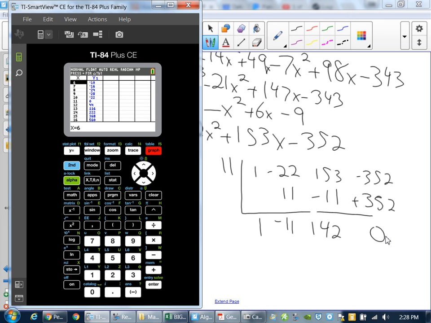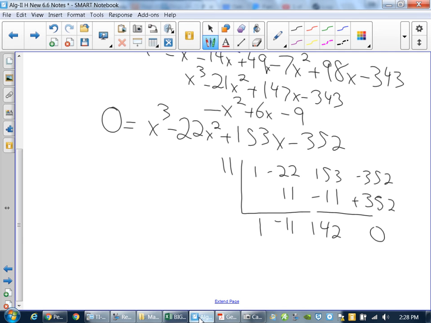So I have a 0. Guys, I have a 0 that I found using my table at 11. The other factor is x squared minus 11x plus 142.